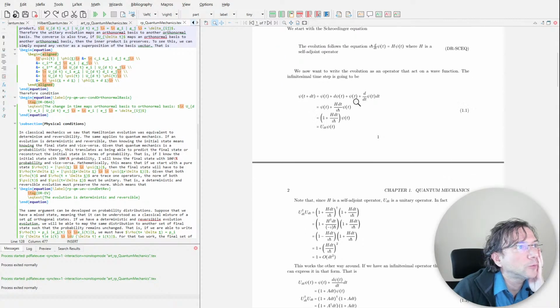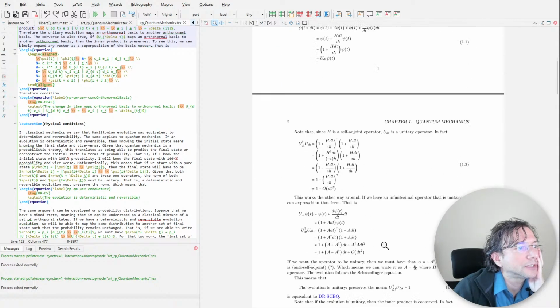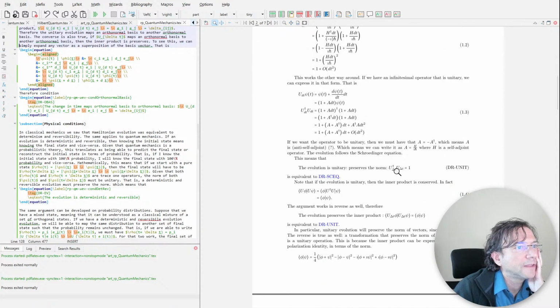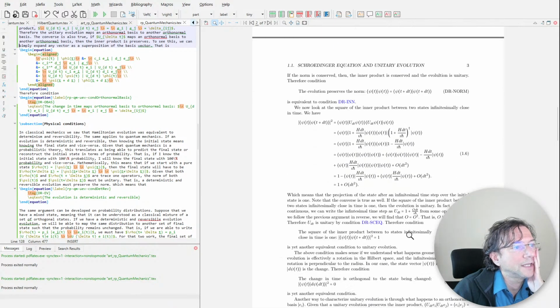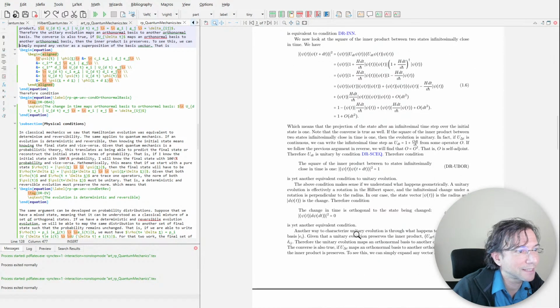Then we show that the Schrödinger version is unitary, and that's equivalent to that. And then we show that unitarity preserves the norm, and preserving the norm is the same as preserving the inner product. Then it preserves a Born rule between initial and final states infinitesimally close to each other, though it's not really the Born rule; this might be the wrong name.